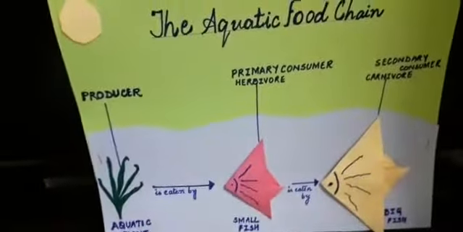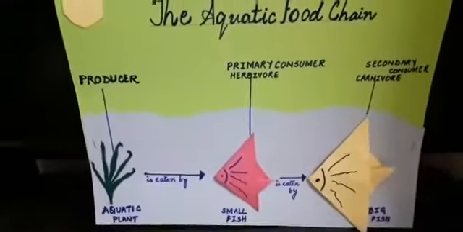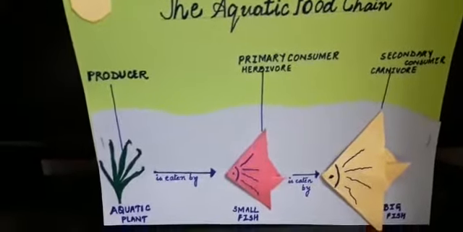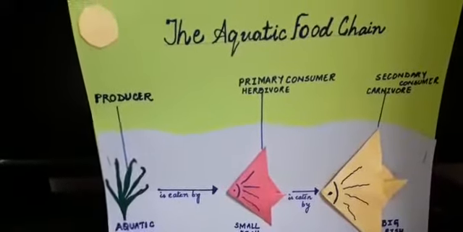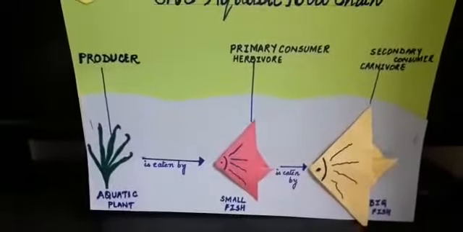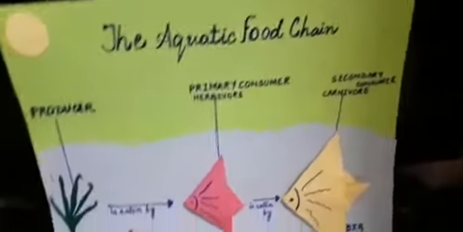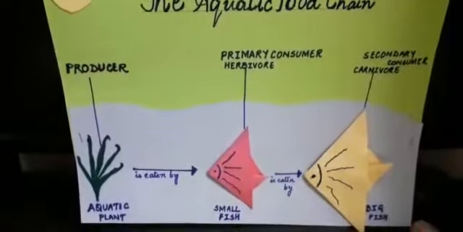Secondary consumer means the second consumer. All right, it is clear. The secondary consumer can either be an omnivore or a carnivore. Clear? It forms the next level of the food chain, and it is also a consumer. Thus you can see that the energy is getting transferred from one level to another.